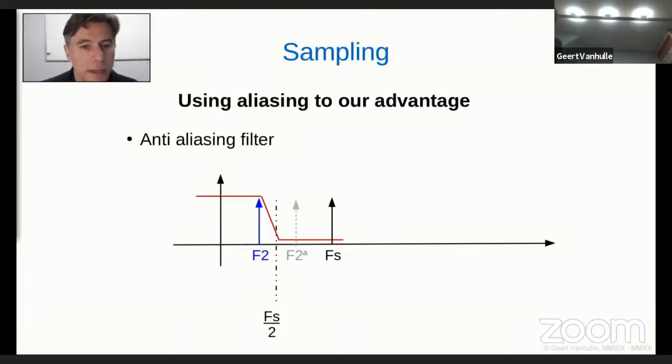It is because if we sample a frequency that is higher than half of the sampling frequency, it appears as being a frequency lower than half of the sampling frequency. So this is actually the reason for the Shannon-Nyquist formula. So the anti-aliasing filter normally would suppress all frequencies above half of the sampling frequency. And then we would limit all possible aliasing signals from being sampled.